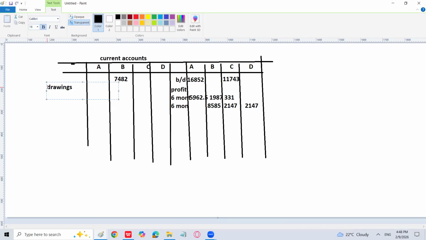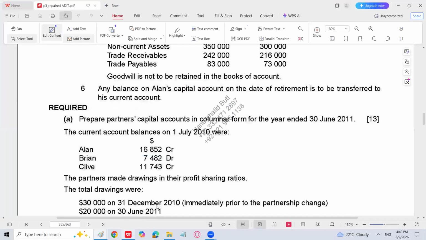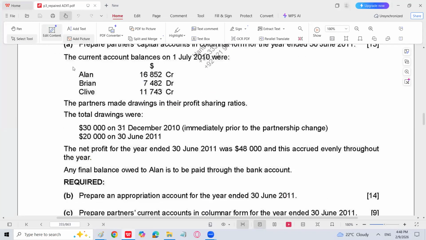Again, the problem is the same. Drawings for the first 6 months and drawings for the last 6 months. There is a problem, because it is given in the same manner. See, total drawings were 30,000 for the first 6 months, and they are supposed to be distributed according to their profit loss sharing ratio, which is 3:1.